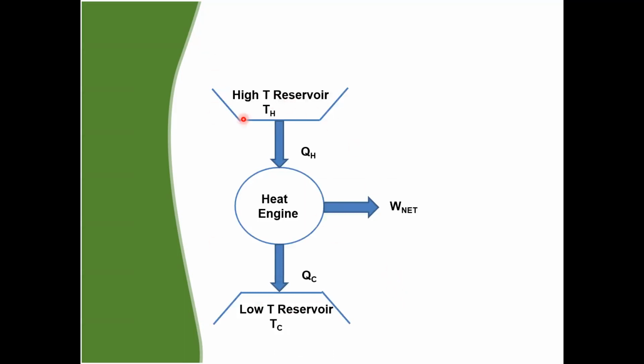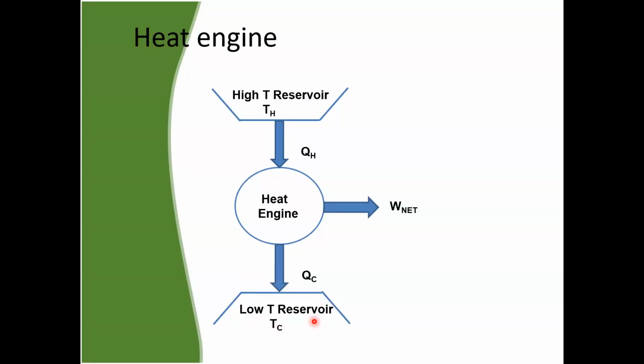So this is the basic representation of a heat engine. We have a high temperature reservoir and a low temperature reservoir. So heat is absorbed from the high temperature reservoir to produce a certain amount of work, and then heat is also rejected to the low temperature reservoir.